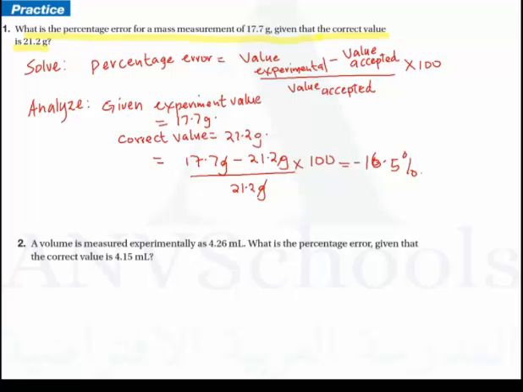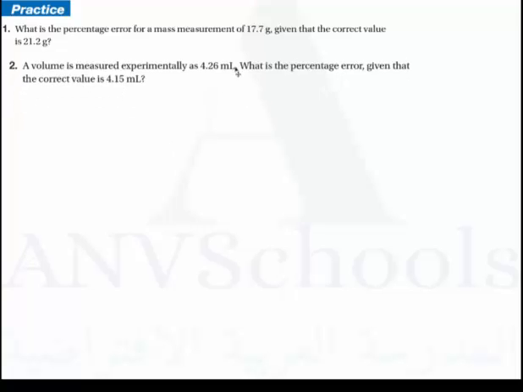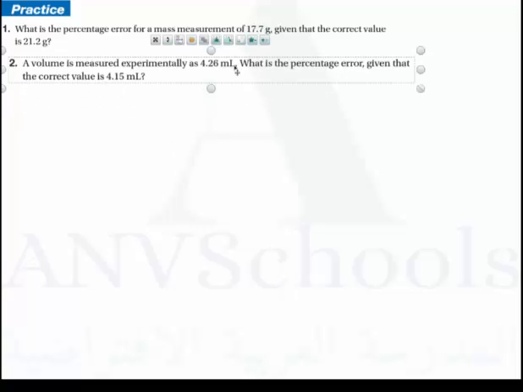Let's go to another question. Question 2 asks: a volume is measured experimentally as 4.26 milliliter. What is the percentage error given the correct value?